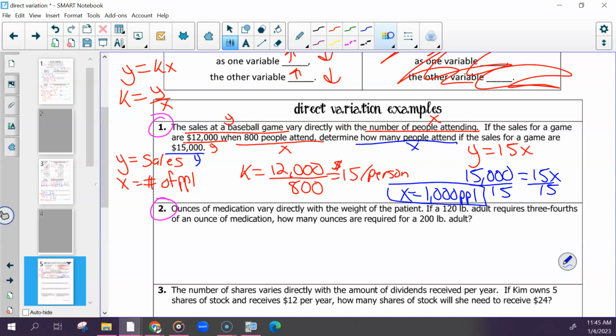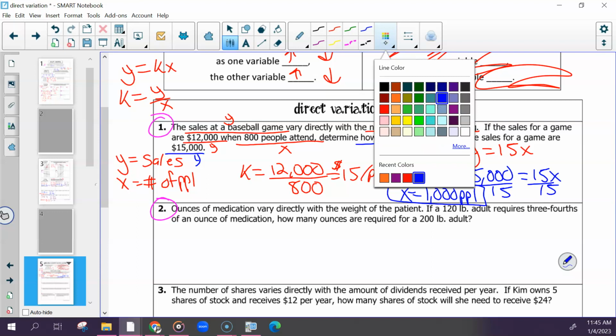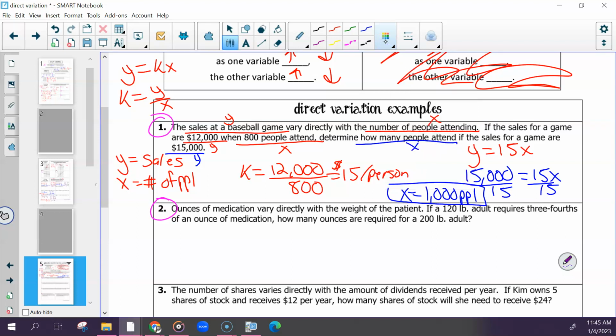The check method works the same here. You can still do that to make sure that you solve for the right thing. Because if you solve for the wrong thing, your K value won't work here.